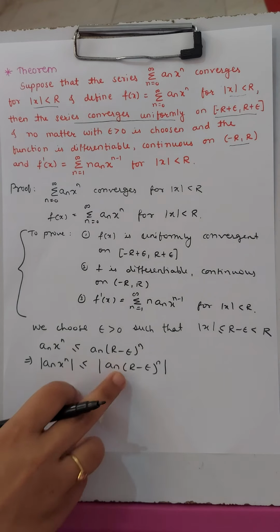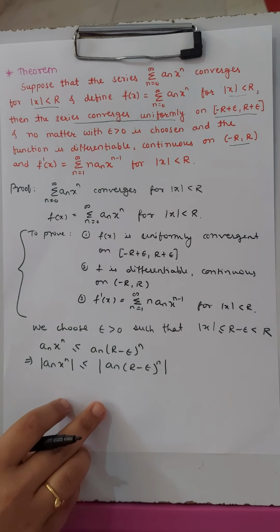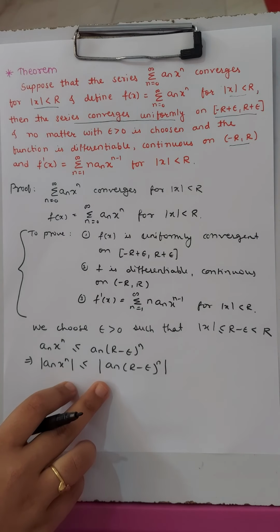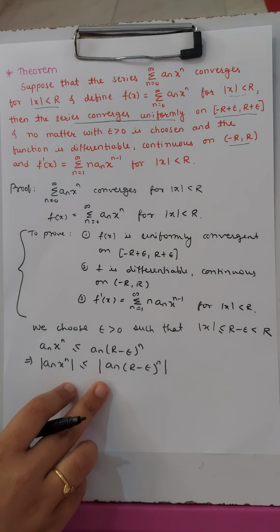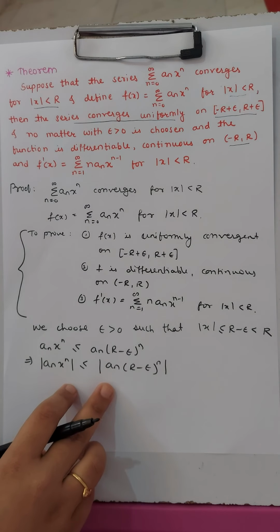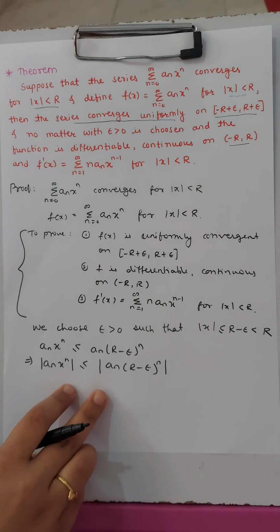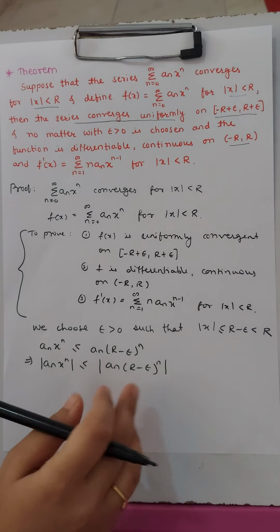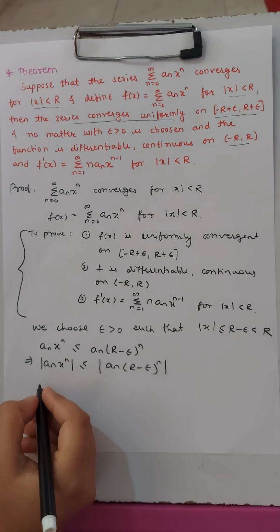So by root test, this series summation a n r minus epsilon to the power n is convergent, since mod x is less than r minus epsilon.